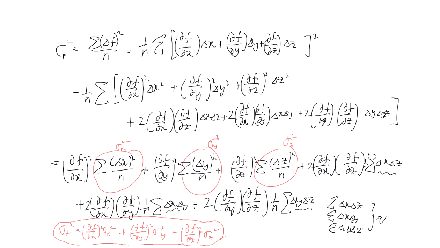They are random and independent, so most likely they will be 0. So we get this propagation of uncertainty equation.